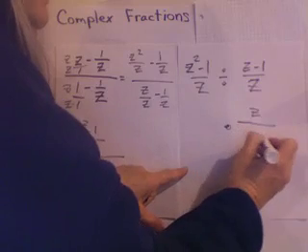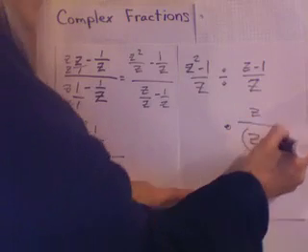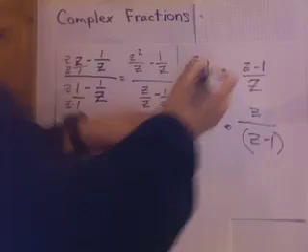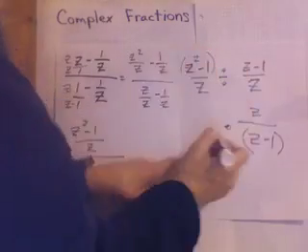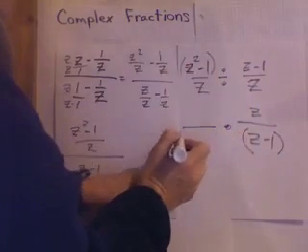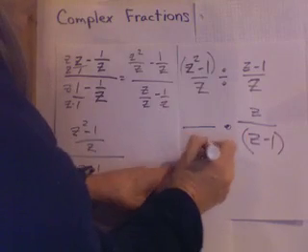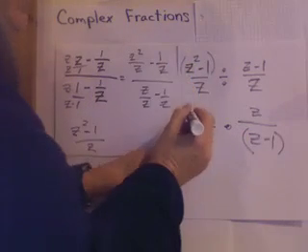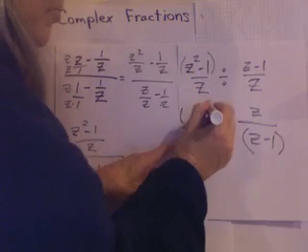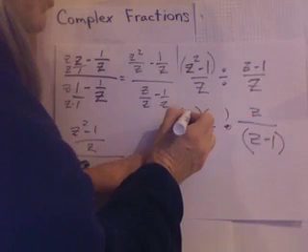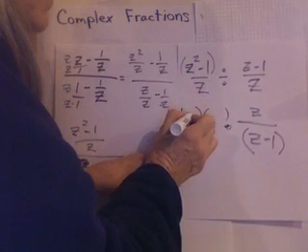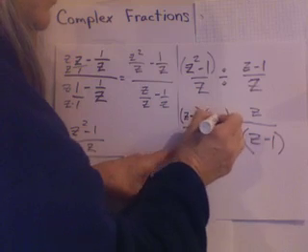Z over z minus 1. Now, I like to keep parentheses around fractions whenever they have plus and minus signs in them. Now, before I write this next fraction, z on the bottom, not a problem. But that factors. Do you remember what that factors to? Sure you do. Difference of 2 squares. Z minus 1, z plus 1.